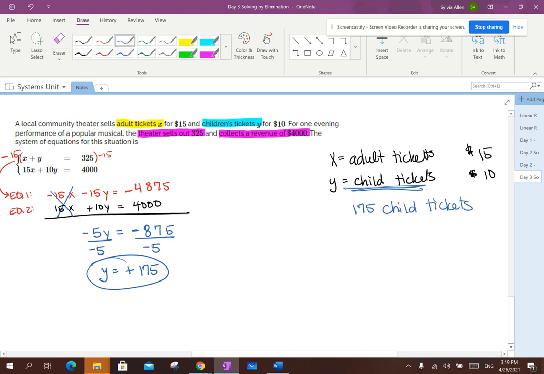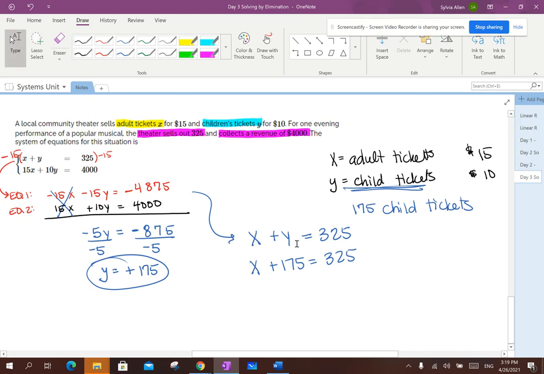Okay. So I need to find out how many adult tickets were sold. So I go back to equation 1, which says the adult plus the children's tickets equal 325. The X is the adults, but I know there were 175 child tickets.